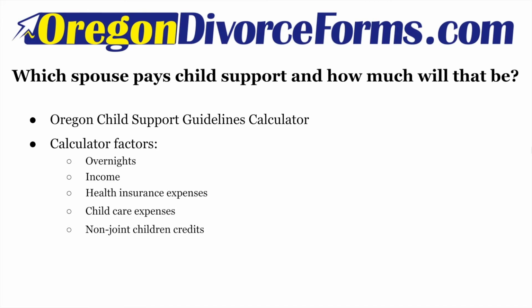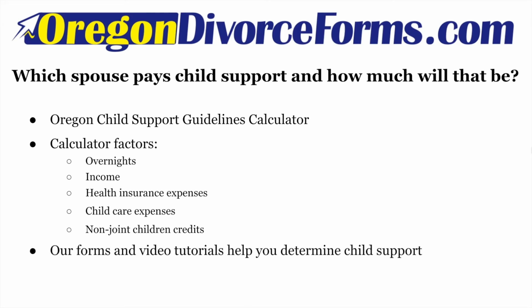After all the information is inputted, the calculator will give an amount the non-custodial or non-primary parent may be obligated to pay to the custodial or primary parent for the support of the children. Our initiating forms package goes through the calculation as well as the information that must be given to the court to determine child support.